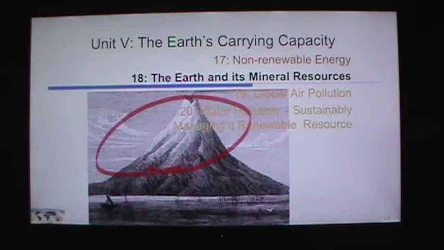Shortly after this was drawn, this part of the mountain went away. It was a very large volcanic eruption, though not the largest. Certainly we've experienced larger in the last century.